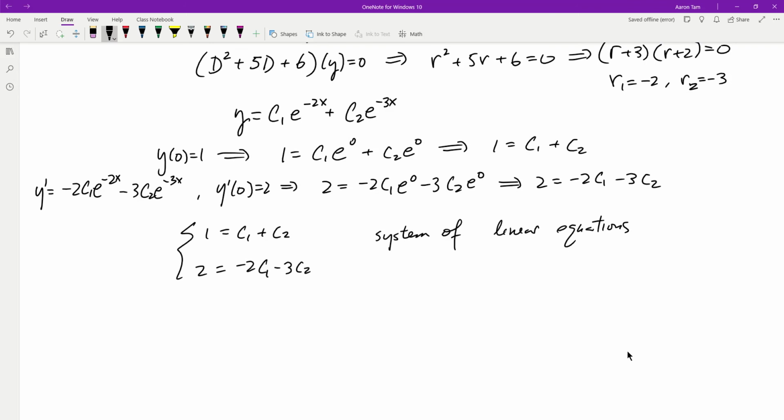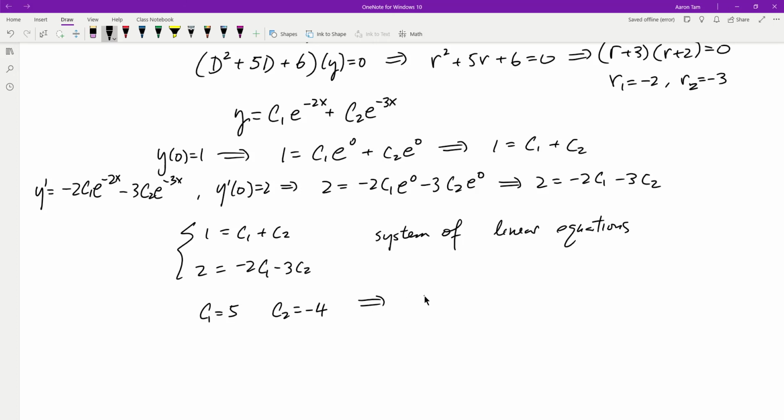That's the reason why last year in multivariable calculus we talked a lot about solving systems, because a lot of things we do here, even in single variable calculus, require multiple constants to be solved, and they form a linear system. So solving this system should be pretty straightforward. I'm going to let you do that, and I'm just going to show you the answer.